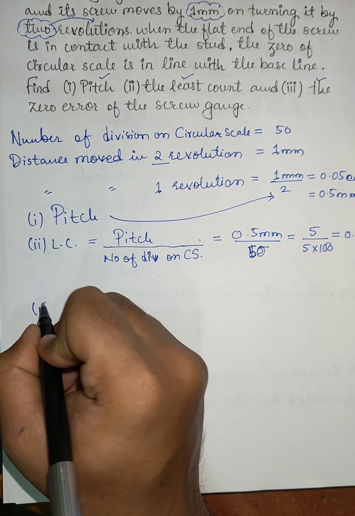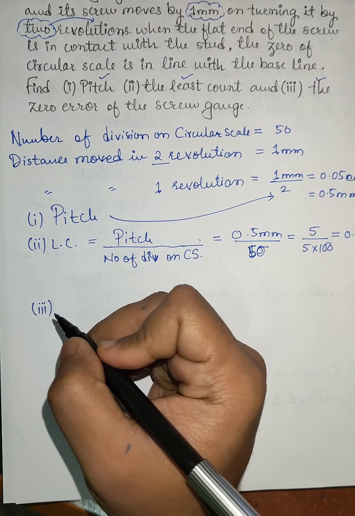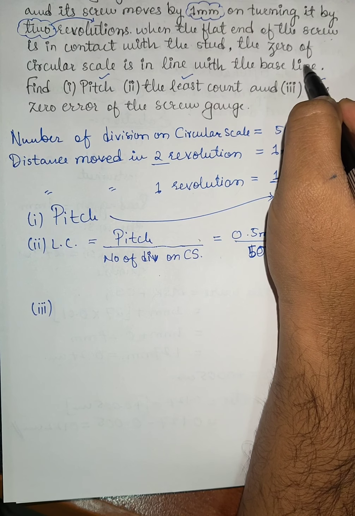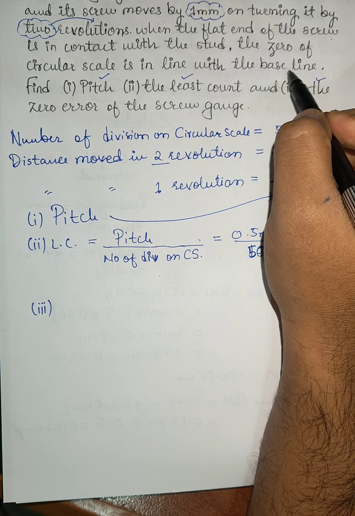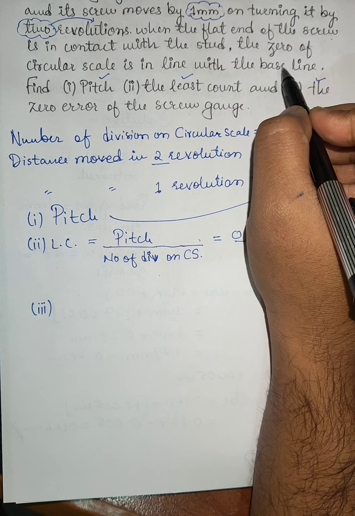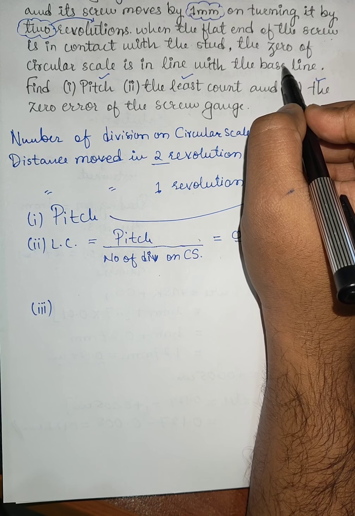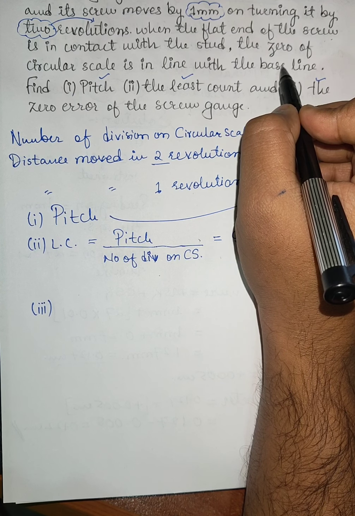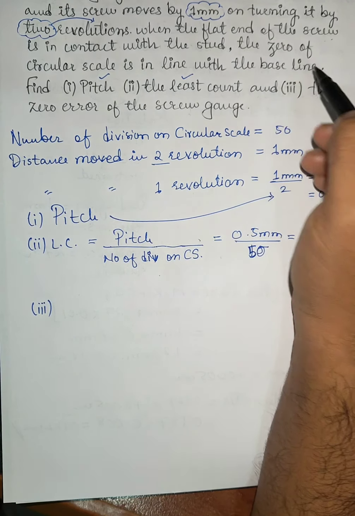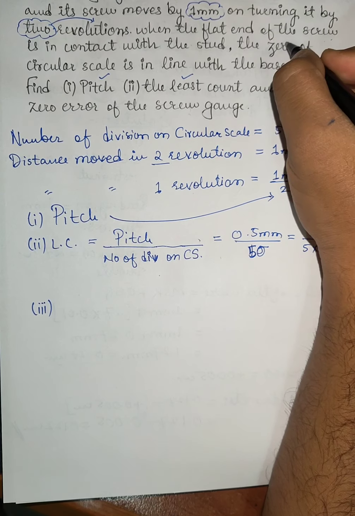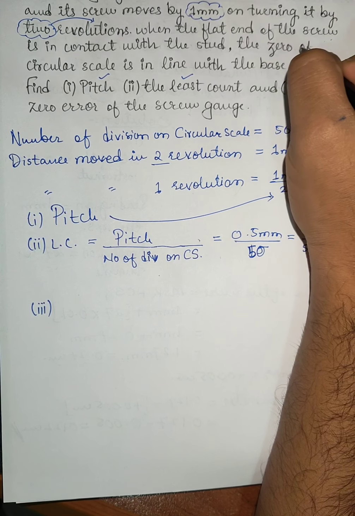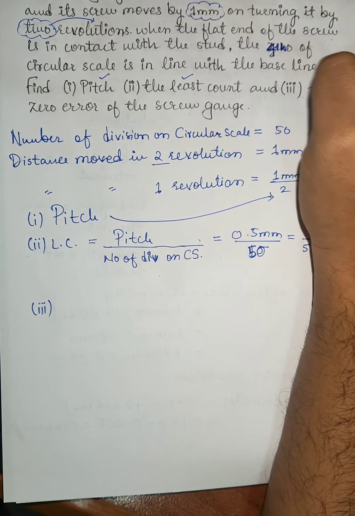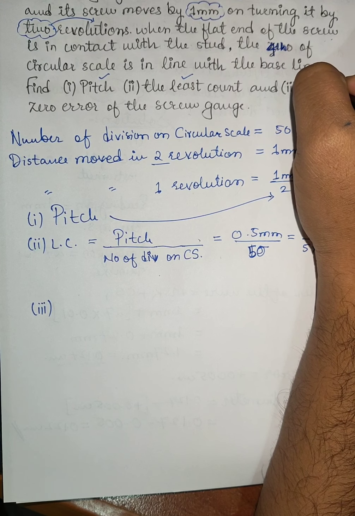Now the third question. It is given that the 0 of the circular scale is in line with the baseline, and it is also given that the 4th division of the circular scale is in line. Basically the question is wrong: the 4th division of the circular scale is in line with the baseline.